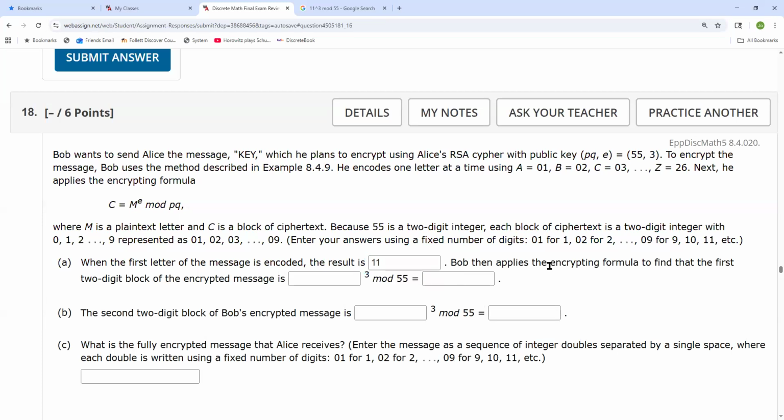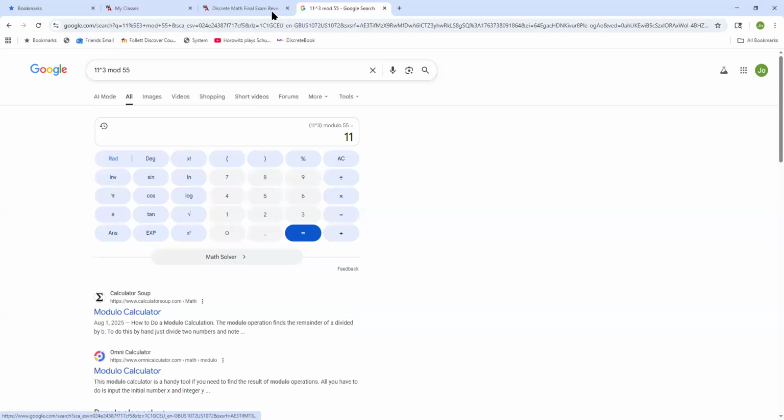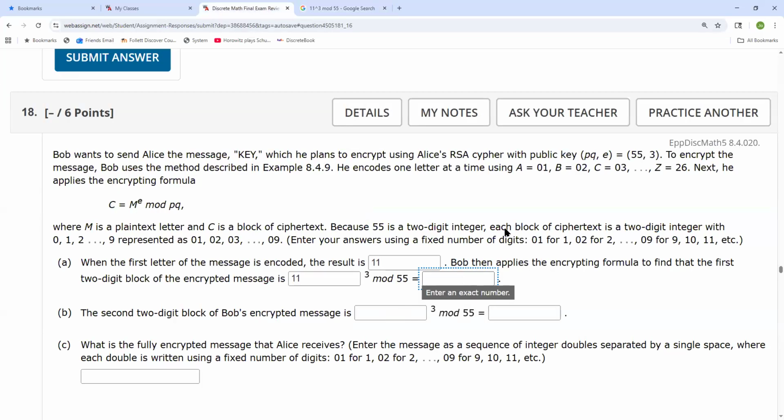So this is just the letter K. Then Bob applies the encrypting formula to find the first two-digit block of the encrypted message: 11 to the power of 3 mod 55 equals, then this is also 11. 11 to the third mod 55 is also 11. That's weird. I mean, it's got to happen sometimes. There's always a chance it could happen.